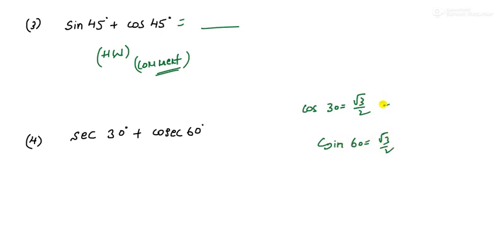So its reciprocal is 2 by root 3, and here also it is 2 by root 3. So just substitute 2 by root 3 plus 2 by root 3. You will get how much? 2 plus 2 is 4, divided by, sorry, first you have to take the LCM, right? Root 3, and then 2 plus 2, you will get the same, 4 by root 3. This will be the answer.